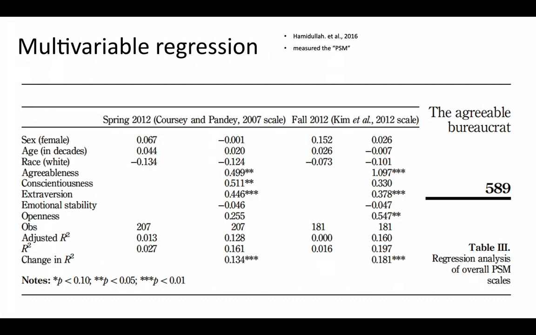Right, so this is the plain language explanation. But in statistical language, you're actually going to say if agreeableness increased one category, right?